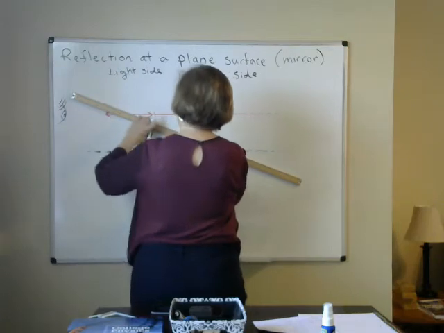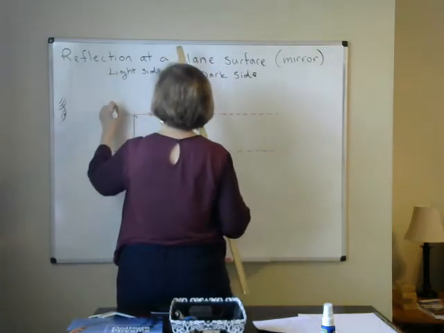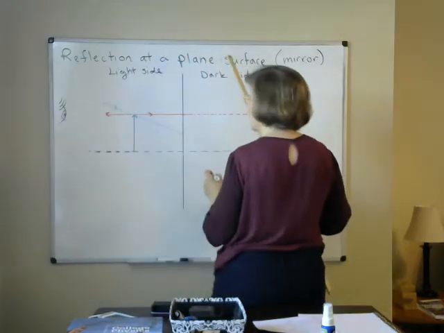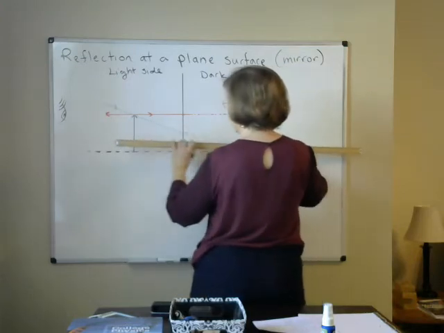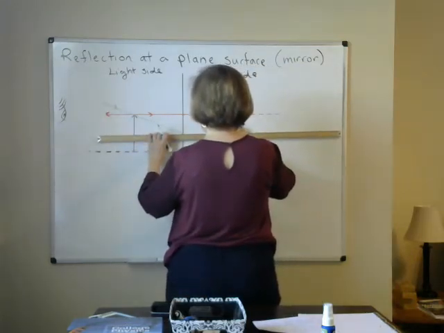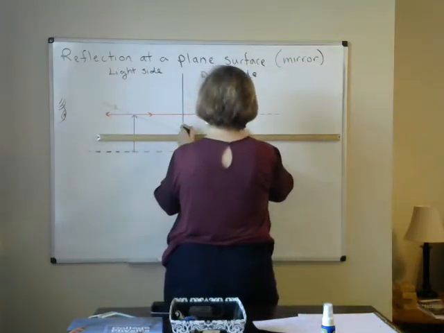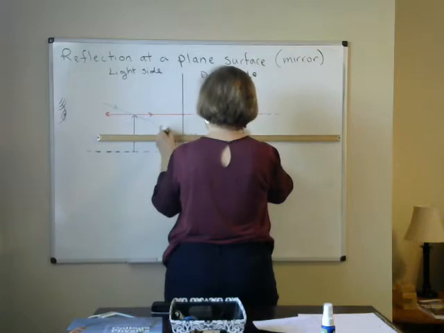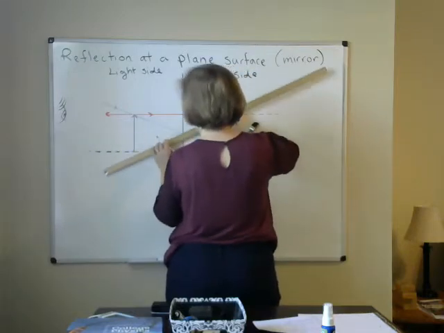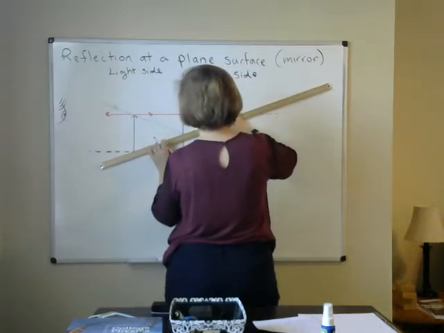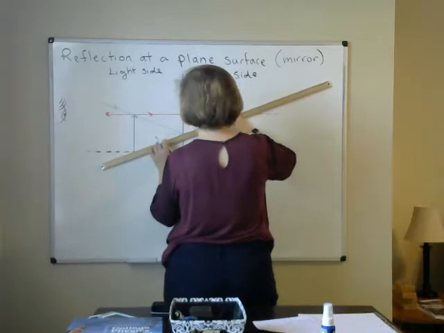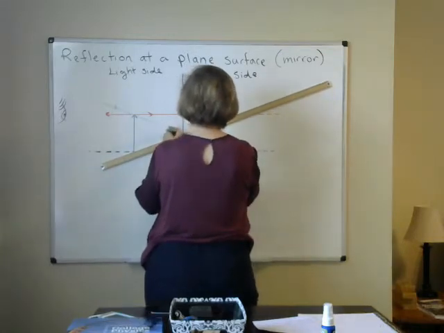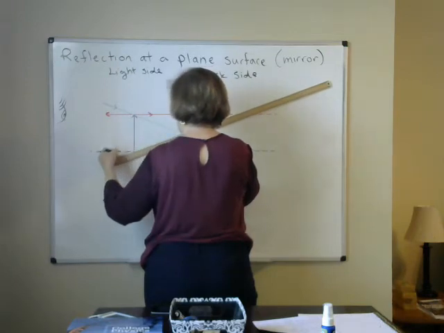Here's my incoming ray. Well, I know that the angle of incidence equals the angle of reflection. So if I were to draw my normal, here's the normal, it will reflect in such a way that it would go right down like this.